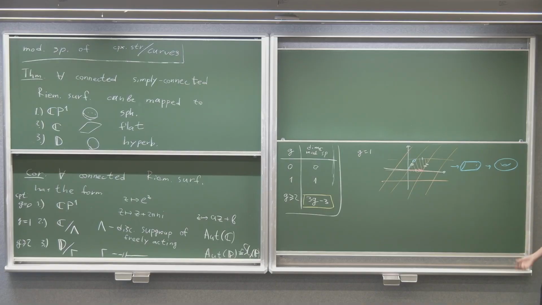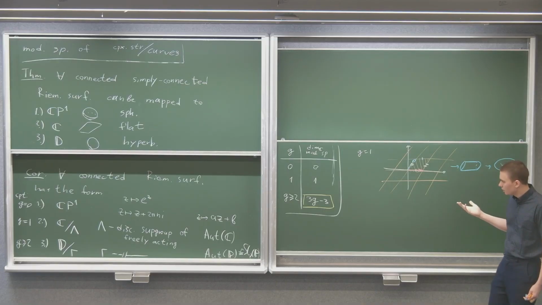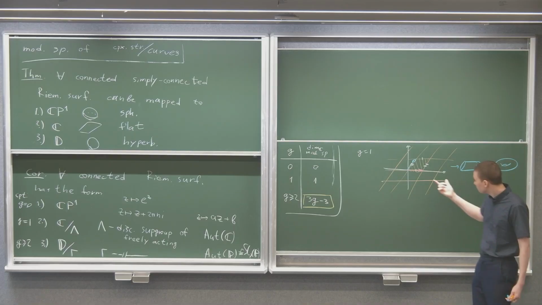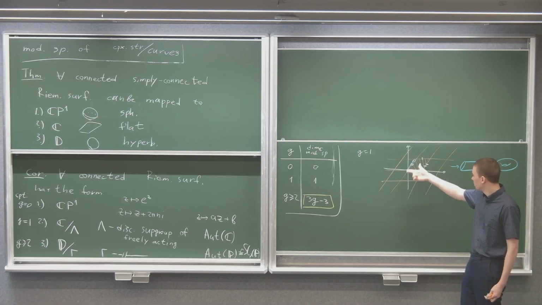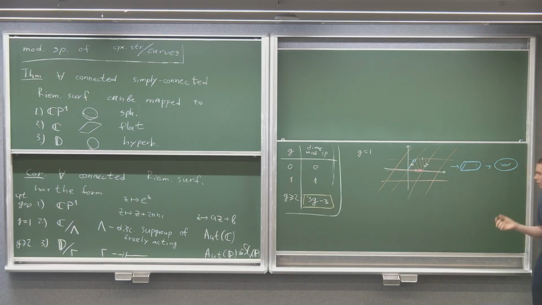How do we get it? Well, let's look at this fundamental domain and count the dimension of the space of choices of this fundamental domain in C.